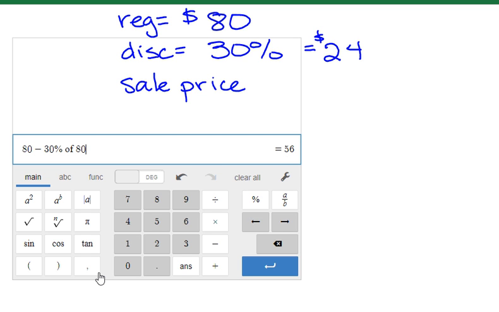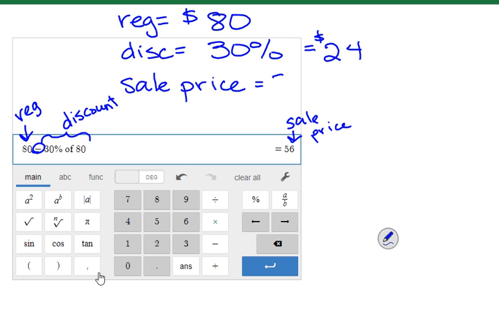So this is basically saying our regular price minus our discount, because the 80 is our regular price. This is our discount. So our regular price minus our discount is $56. So this is our sale price. I did that all in one step. So our sale price is $56.